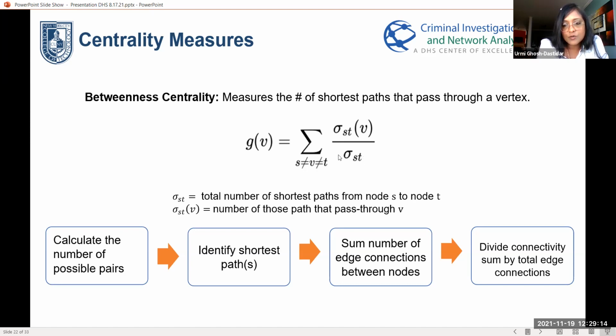What is the importance of betweenness centrality? It is not the quantity of connections, it measures the quality of connection. The greater a node is located along the shortest paths in the network, the higher the betweenness centrality is. So it's an important position.